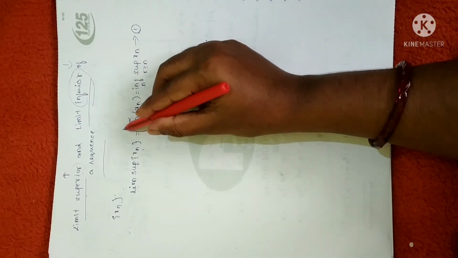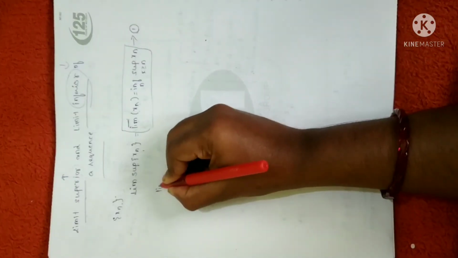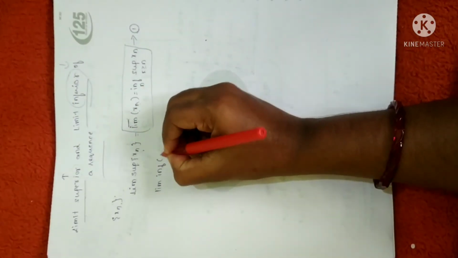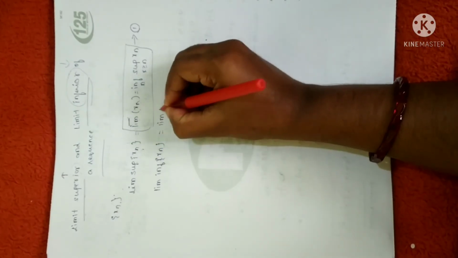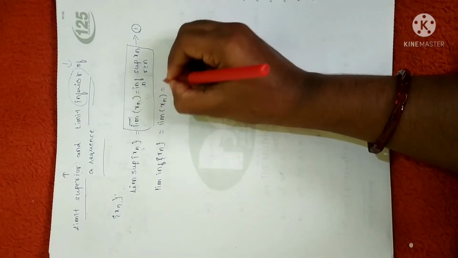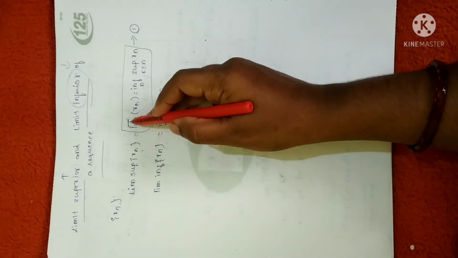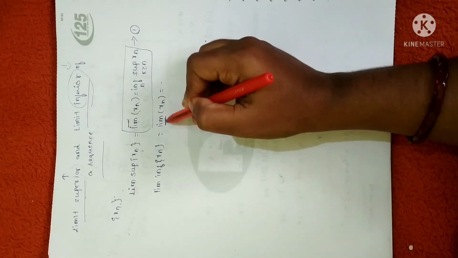It is important. Fine. Similarly, limit infimum is represented by limit inferior or infimum, one and the same. Limit infimum of xn is also represented by a limit with a bar. Supremum in the sense you have to put a bar above lim, and infimum in the sense you have to put a bar below lim.